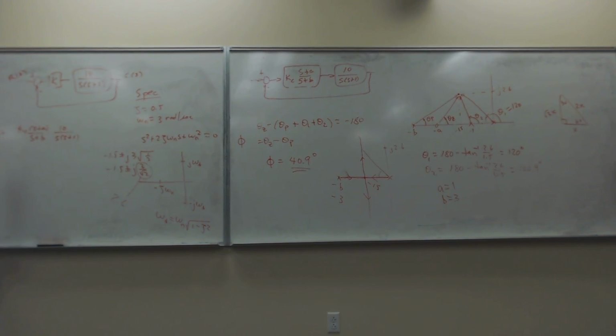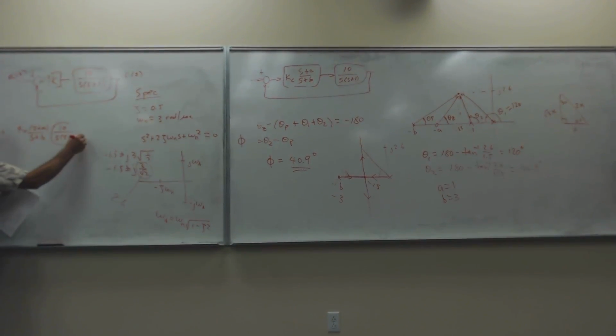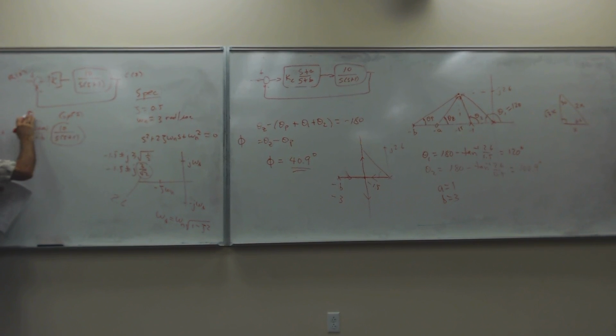So there's not 10K there anymore because we're not using pure gain type compensation. This is our plant, G sub P of S. And this is our G sub C of S. So this is equal to 0. That's the characteristic equation.